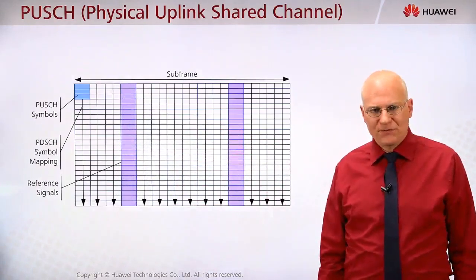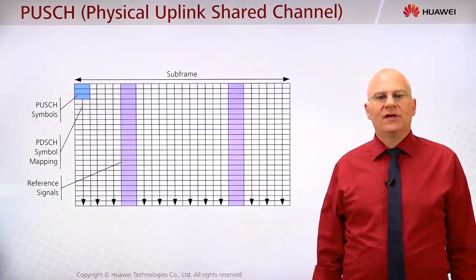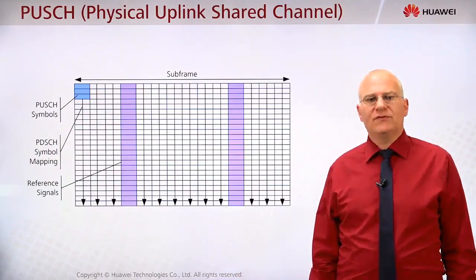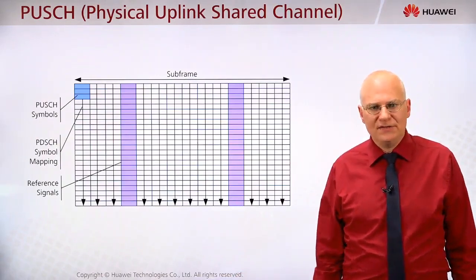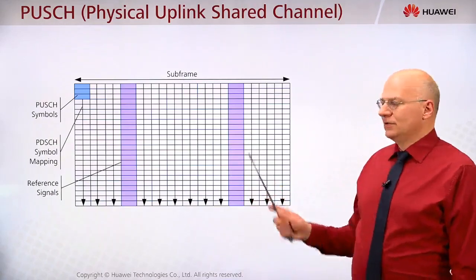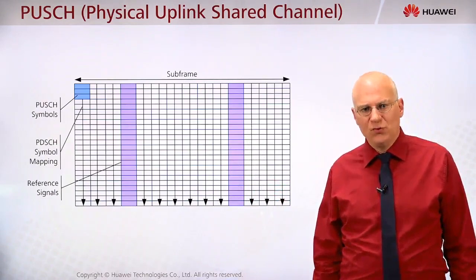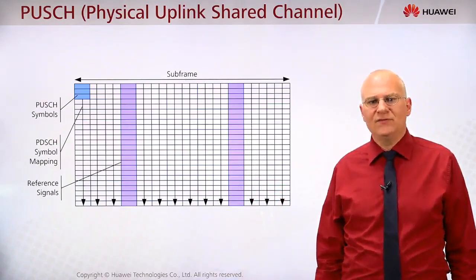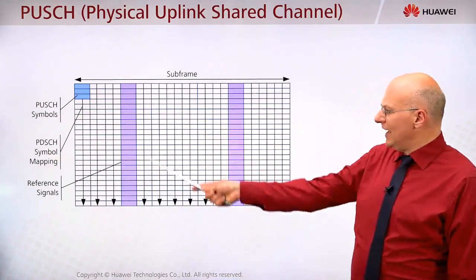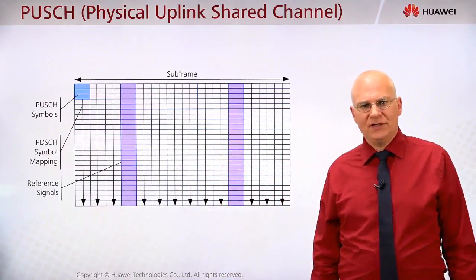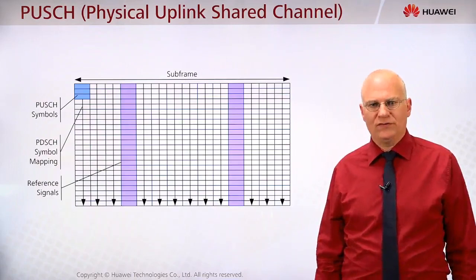In the middle of the first time slot, this symbol is used for the reference signal. The reference signal is repeated after another 0.5 milliseconds, so we have 2 reference signals included in one uplink transmission. And the sequence length of the reference signal depends on the bandwidth of the allocated resources.